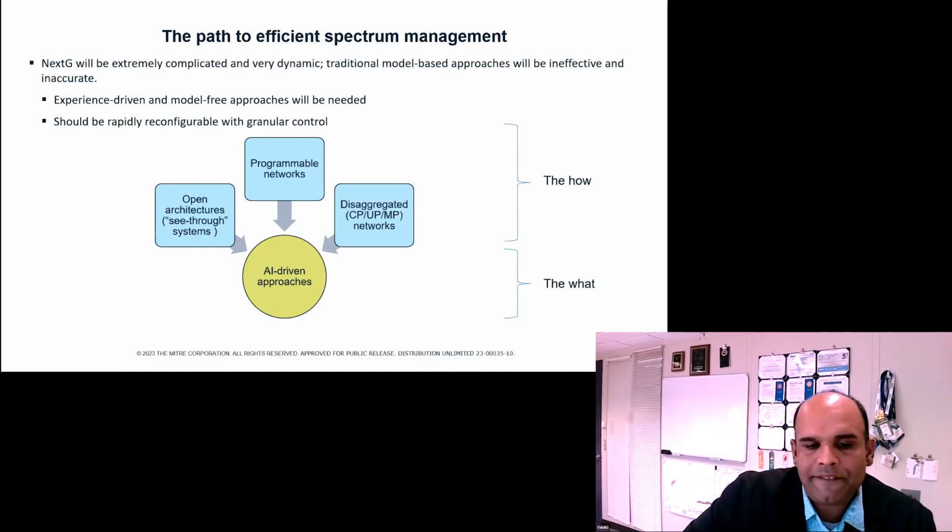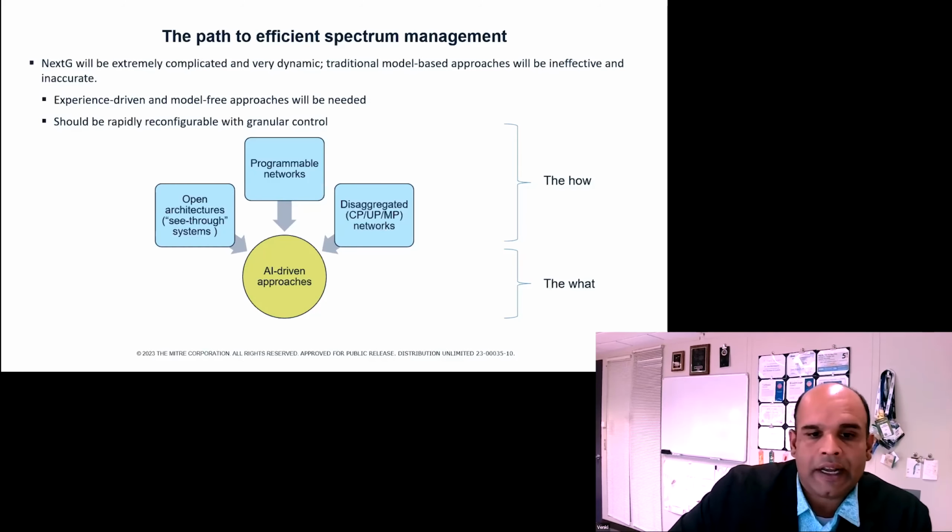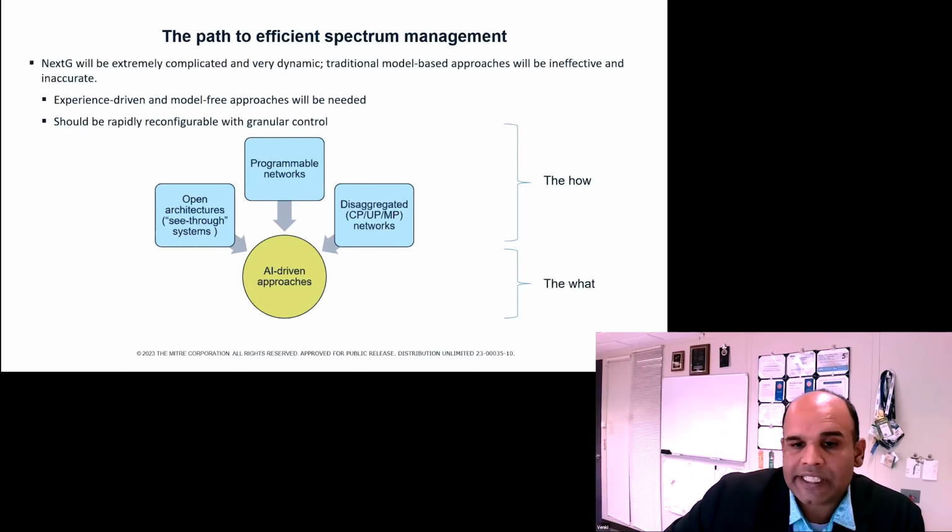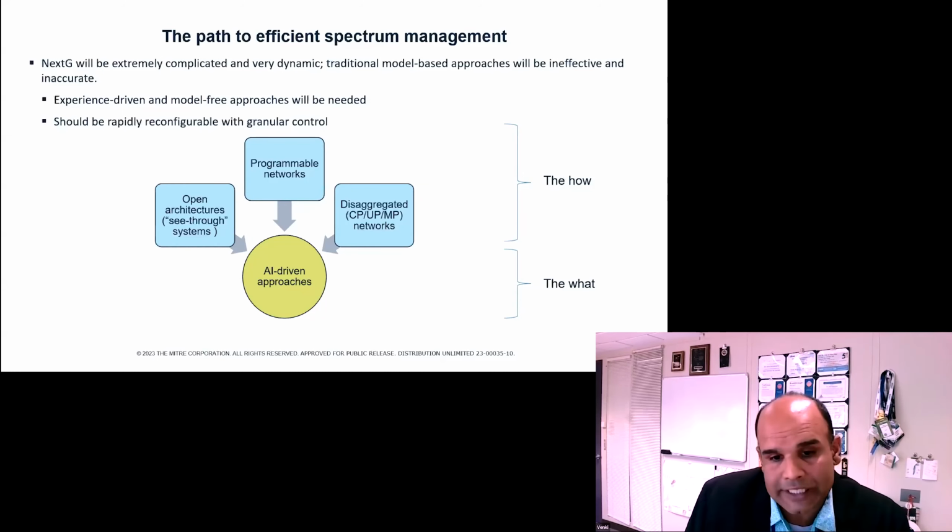Once we have those policies, we want to be able, as I said before, to control the system in a fine-grained way. And that's why we need programmable networks, right? So programmable networks where there are open interfaces and there are disaggregated components. So this is what you all know that the Open RAN framework provides us.